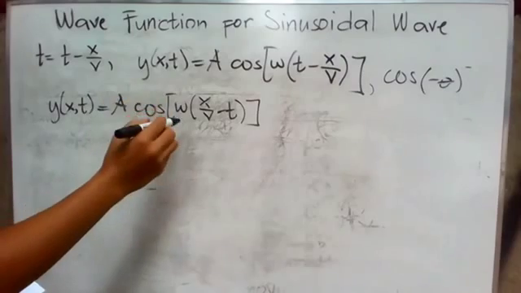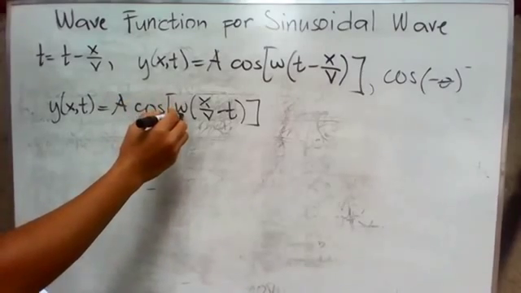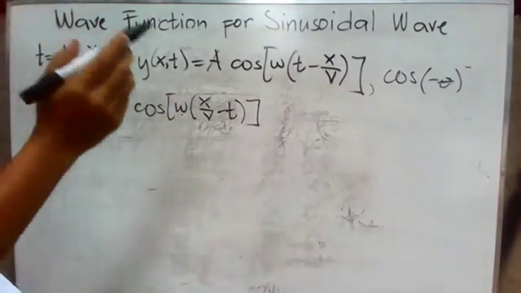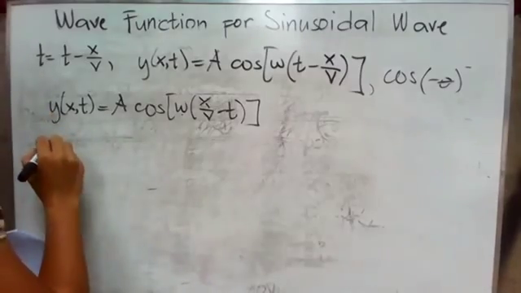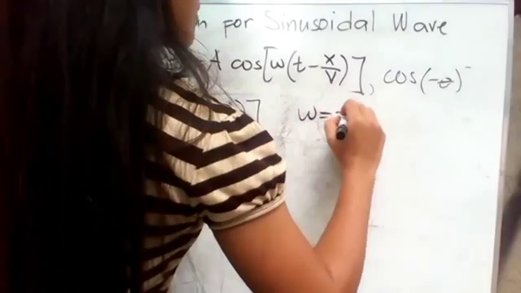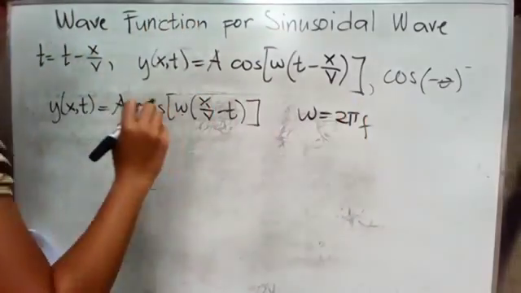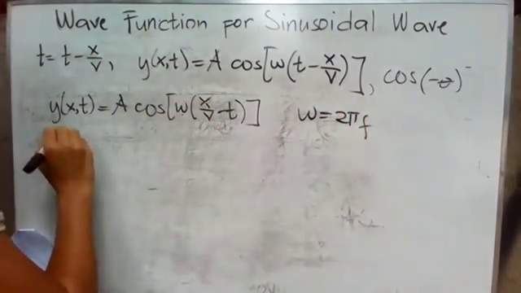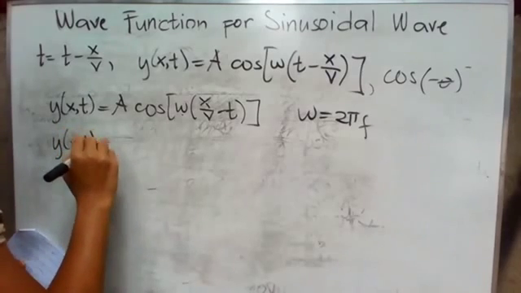We can again simplify omega, our angular frequency, since we all know that angular frequency is equal to 2 pi f. So we rewrite the equation into y as a function of x and t.